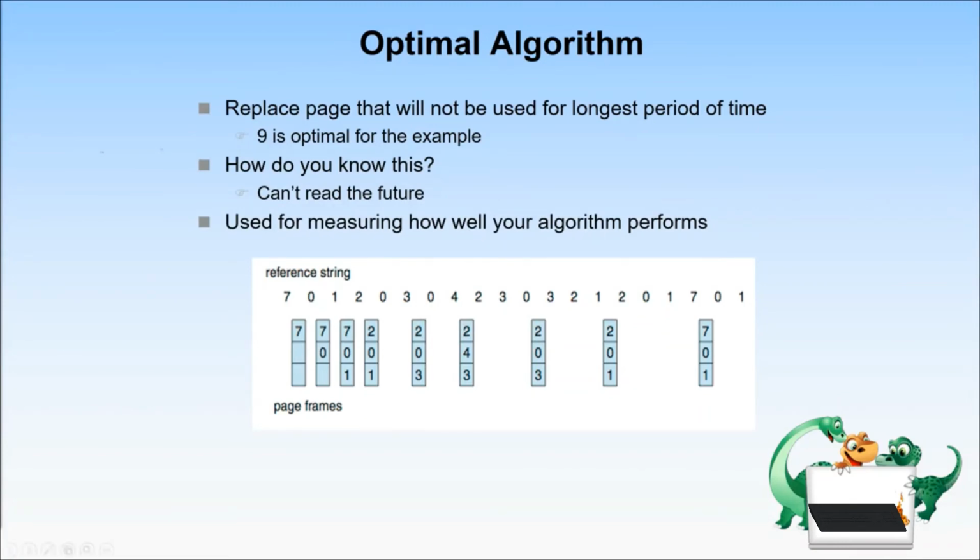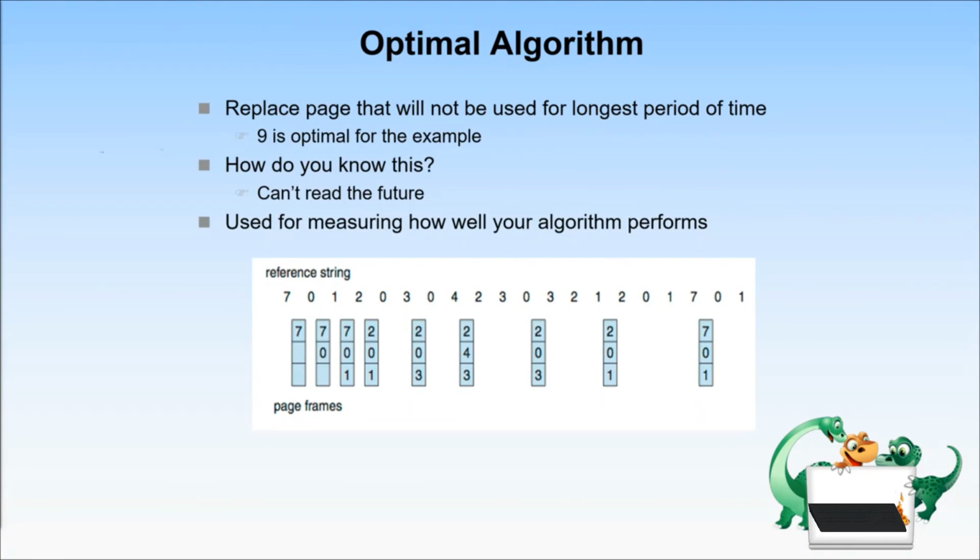Because OPT, or the optimal, tries to evaluate the forthcoming pages, and you cannot read the future. We call it foretelling the future. In practice, most page replacement algorithms try to approximate OPT by predicting or estimating in one fashion or another which page will not be used for the longest period of time.